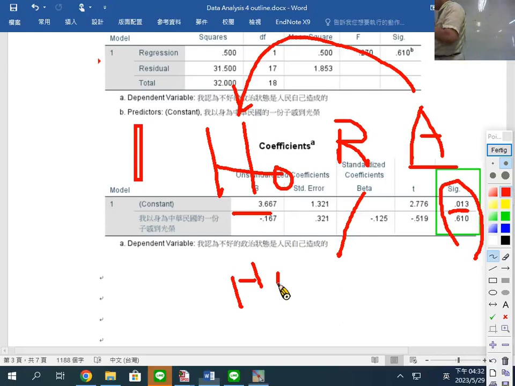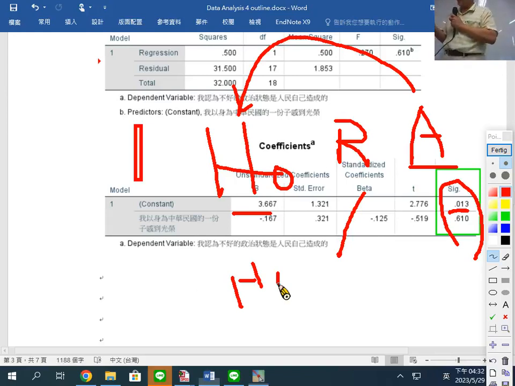Instead, we talk about this. We know we have to accept or reject, right? So basically, in terms of statistical analysis, the choice is very simple.